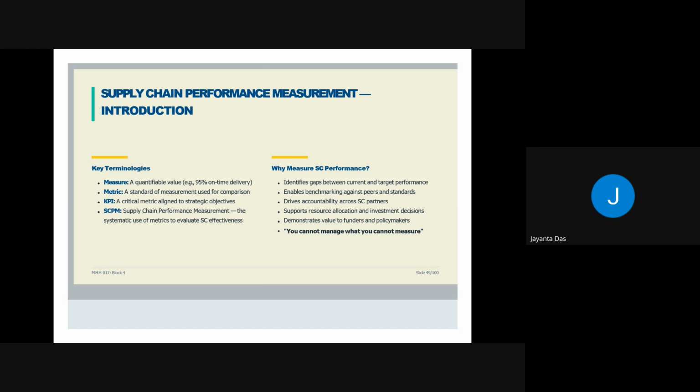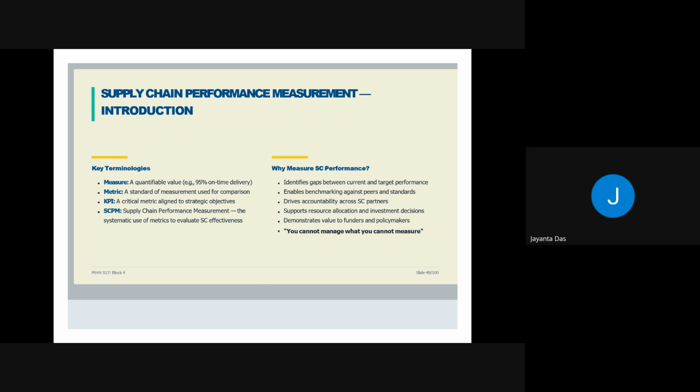Here, in supply chain performance measurement, the key terminologies are measure, metric, key performance indicators, and supply chain performance measurement. So why measurement in supply chain performance? It identifies gaps between current and target performance, enables benchmarking against peers and standards, drives accountability across supply chain partners, supports resource allocation and investment decisions, and demonstrates value to funders and policymakers.